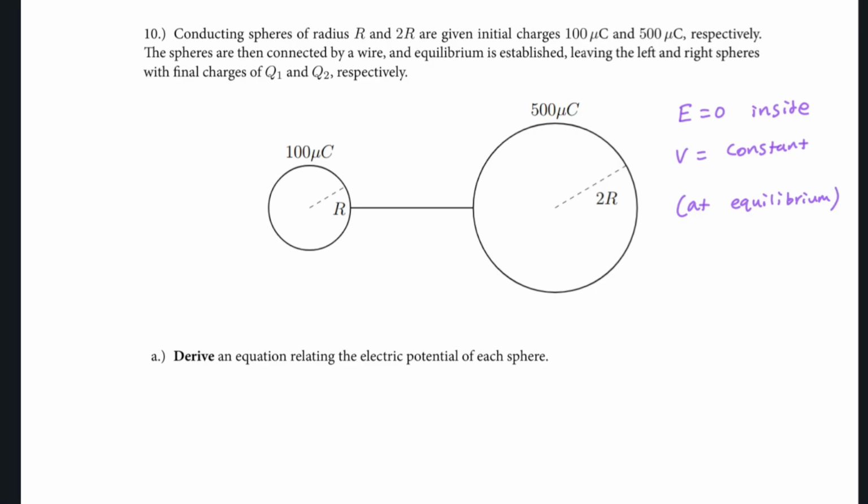We could check. They're actually not in equilibrium right now because the potentials are different. If we tried to do the potential, KQ over R, like K times 500 over 2R versus K times 100 over R, we would see that this sphere is at higher potential than this. Of course, my units weren't right or anything like that, but we could prove that this wasn't in equilibrium right now.